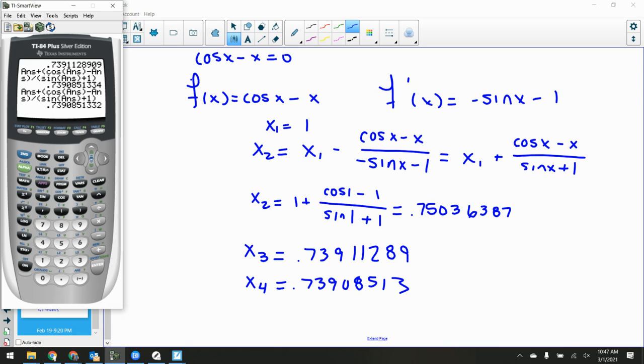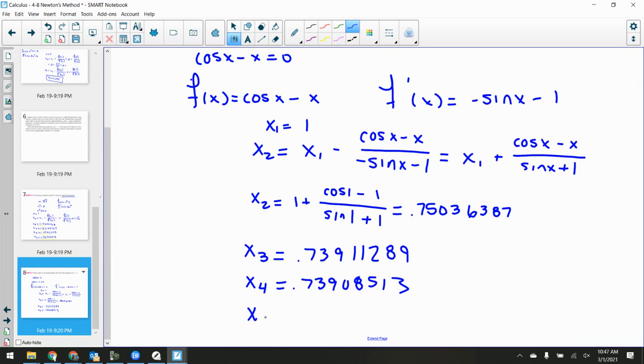Okay, 0.739. x5 is 0.739085513. Oh, I got to 6 and 8 at the same time. So I know that intersection point is x equals, to correct to 6 decimal places, x equals 0.739085.